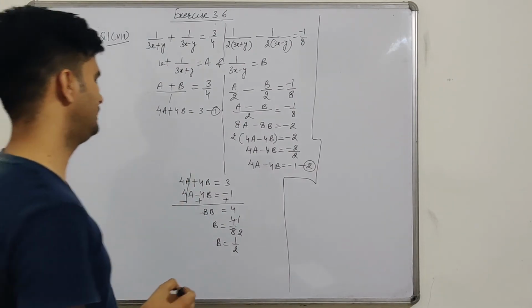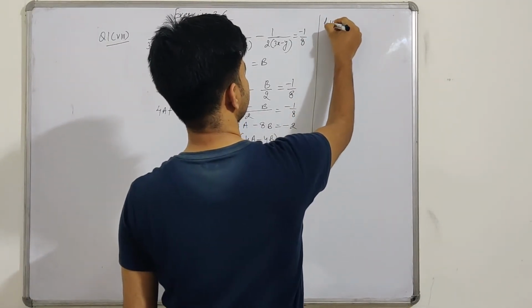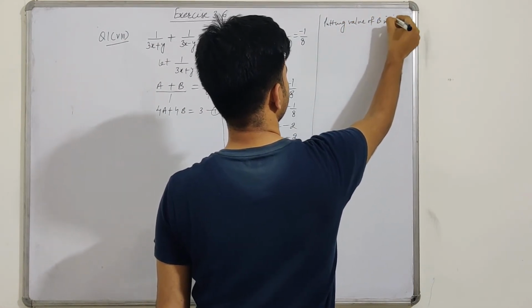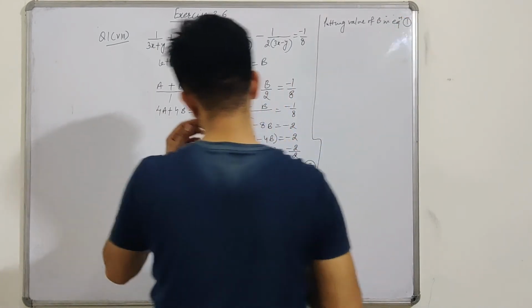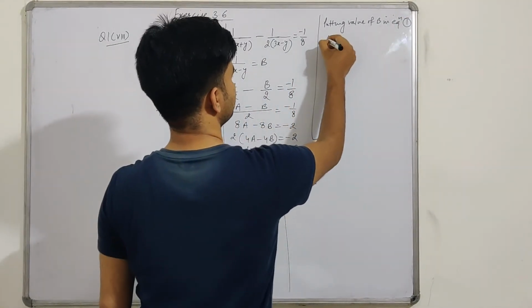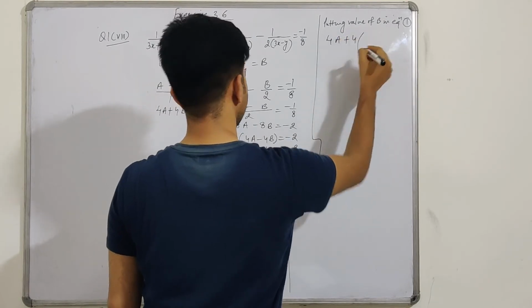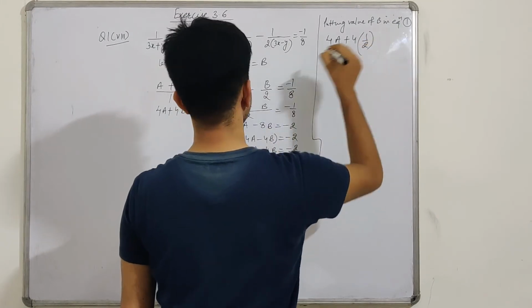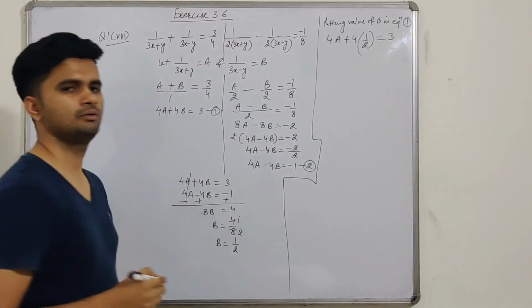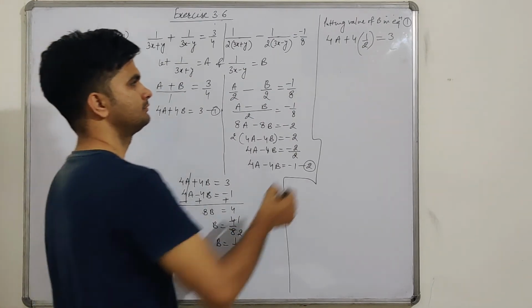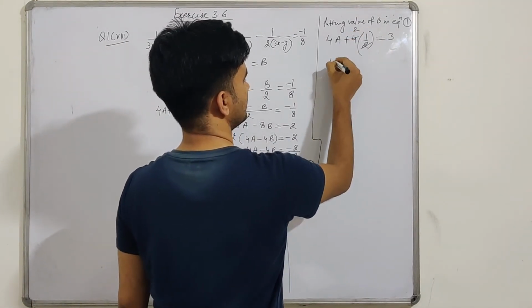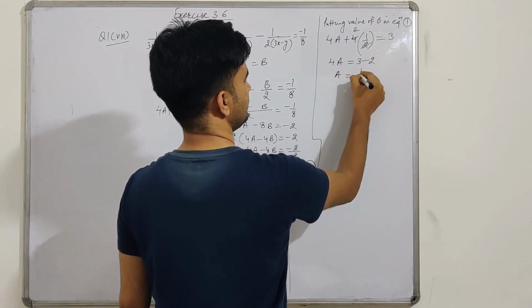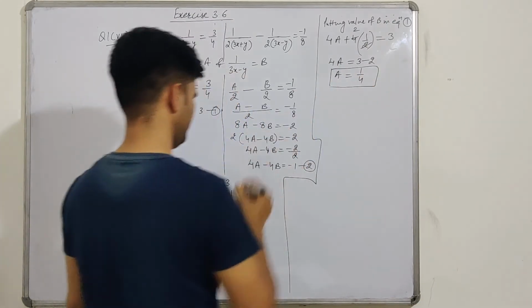Then putting this value of b in equation 1, then 4a plus 4b, b is 1 by 2, is equal to 3. 4a is equal to 3 minus 2, a is equal to 1 by 4.